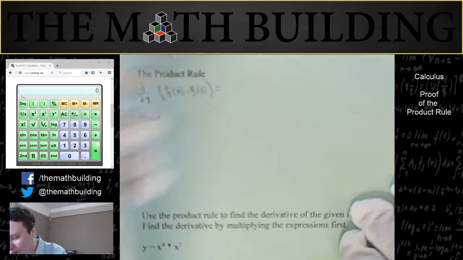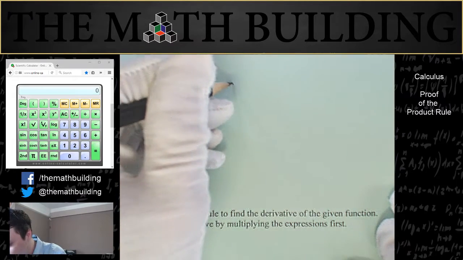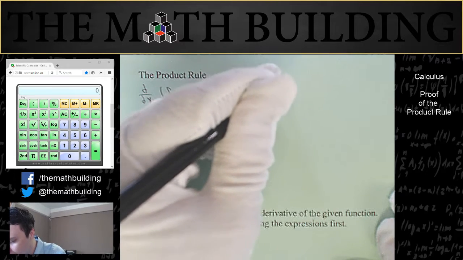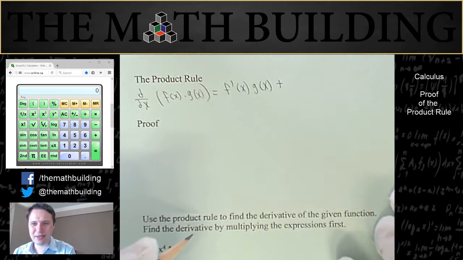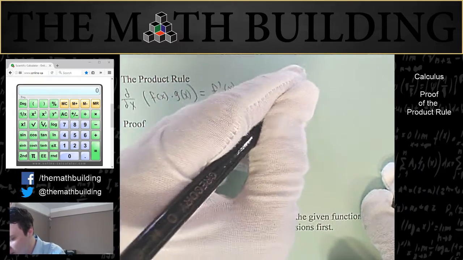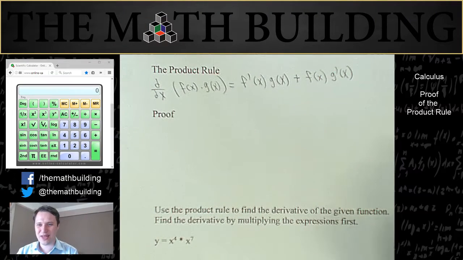According to the product rule, if you're taking the derivative of two functions that are multiplying, you take the derivative of the first function and multiply it by the second. Okay? And then you add it to the derivative of the second function times the first function. So that's it.